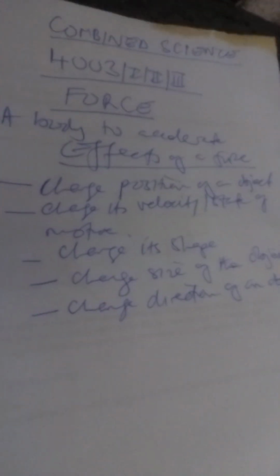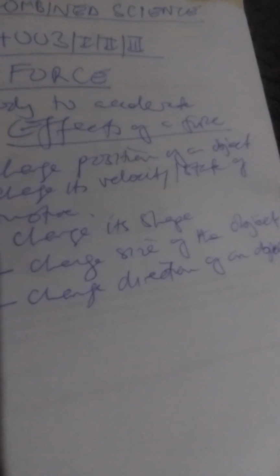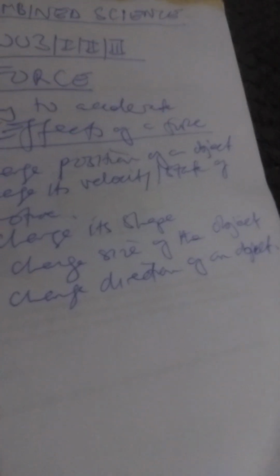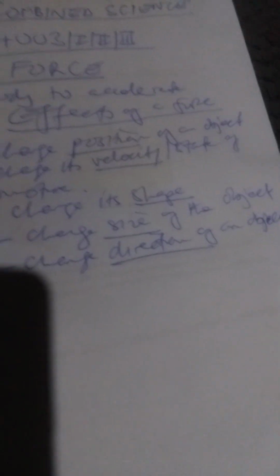So now we have 5 effects of a force, which are basic: change position, change velocity, change shape, change size, change direction. Those are the major effects of a force.